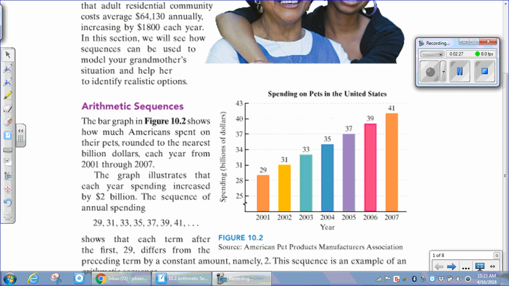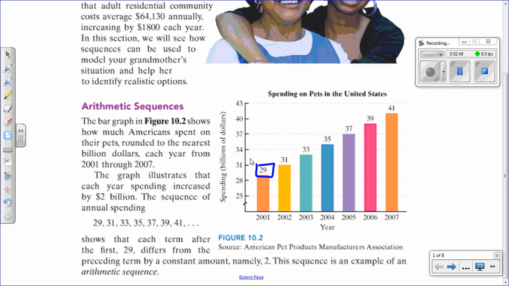Okay, so let's talk a little bit more about arithmetic sequences. The graph with the bars represents how much money pet owners spend on their pets, in billions of dollars. In the year 2001, it was 29 billion. By the year 2007, it had increased to 41.